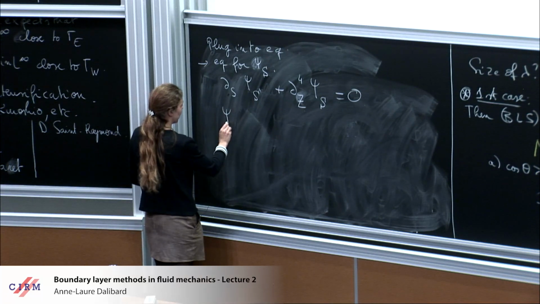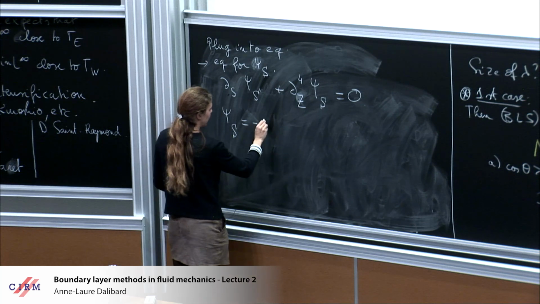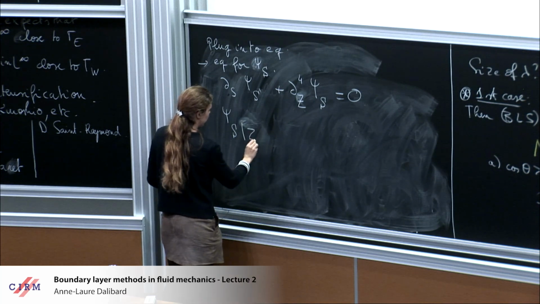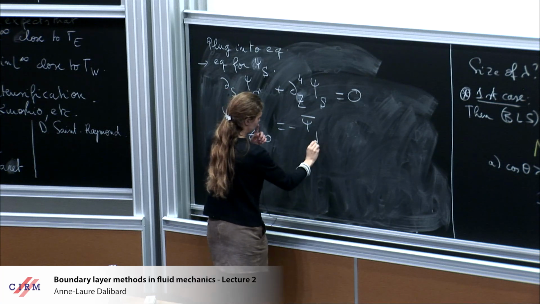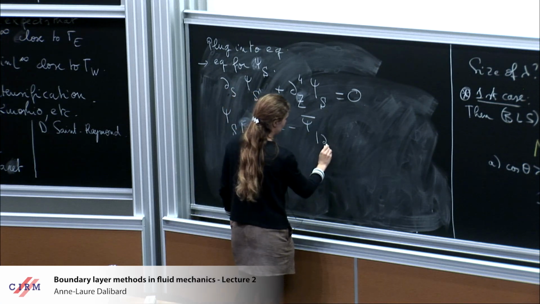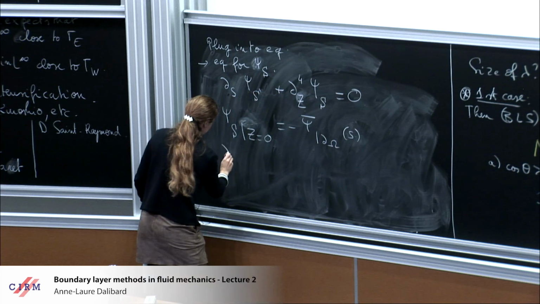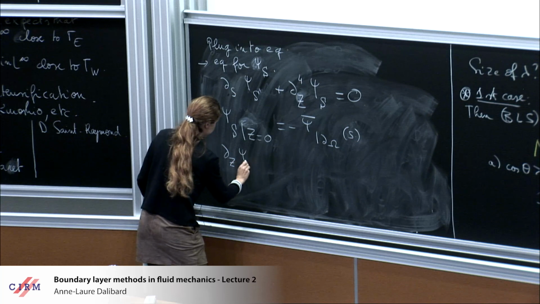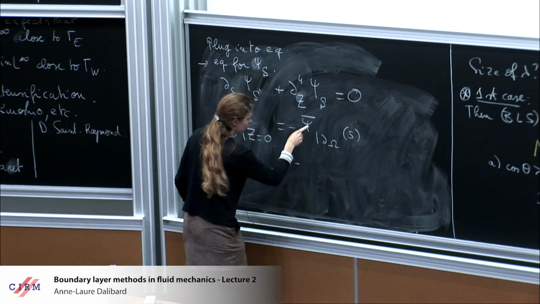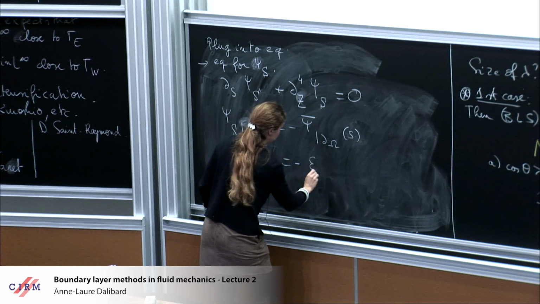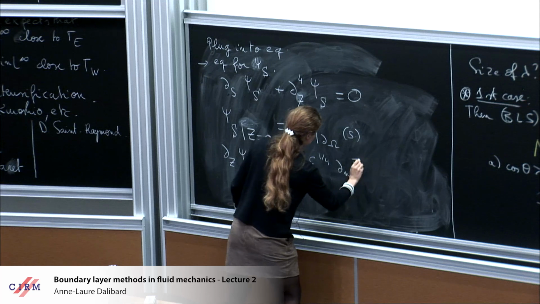You can assume that this psi s at point capital Z equals 0 is minus psi bar at this point, and that the normal derivative cancels out the normal derivative, but there is an additional epsilon to the 1/4 factor.